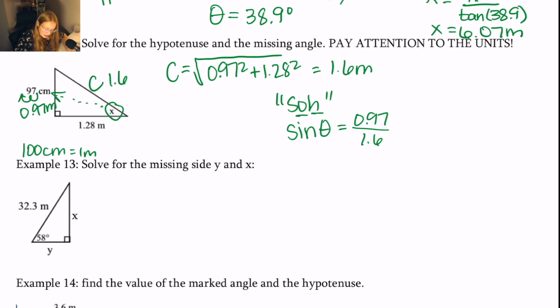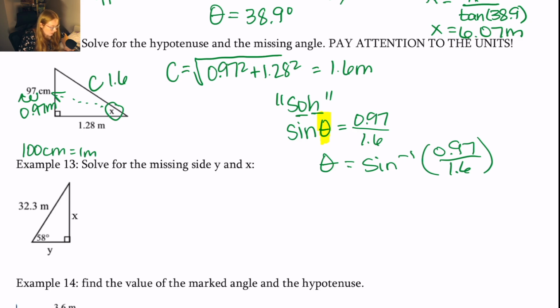Okay, so rearrange. You're looking for the angle. So we need to get the angle by itself. Move sine over. How do you move sine over? You do inverse sine. So on the other side, we'll be doing inverse sine, and you're going to type in 0.97 divided by 1.6 into the fraction.